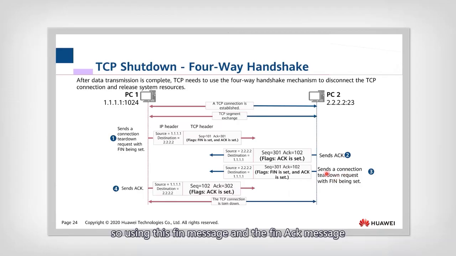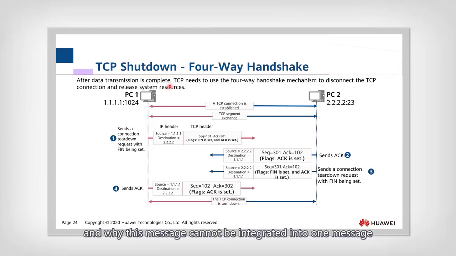So using this FIN message and FIN ACK message, the transmission from 2 to 1 can be closed. Until the data transmission in both directions is finished, the TCP connection can be shut down.